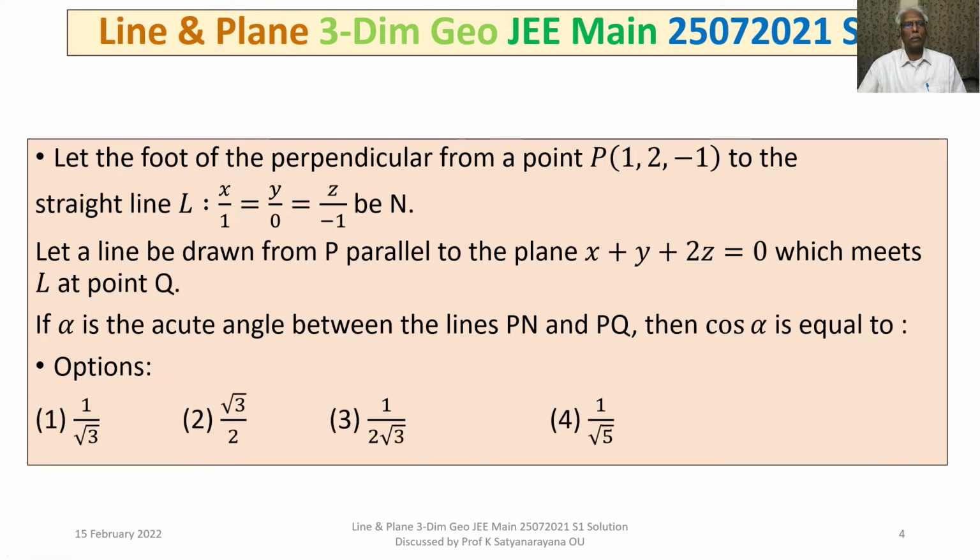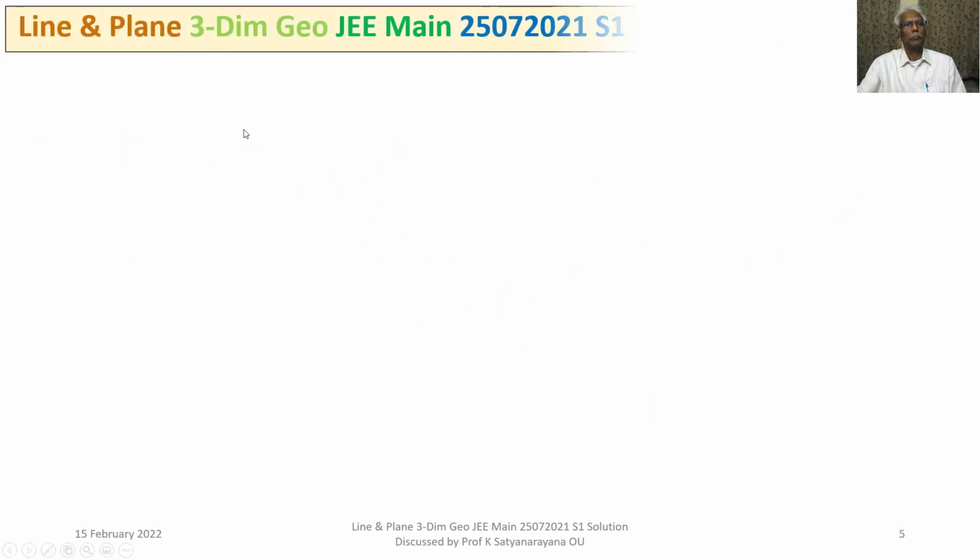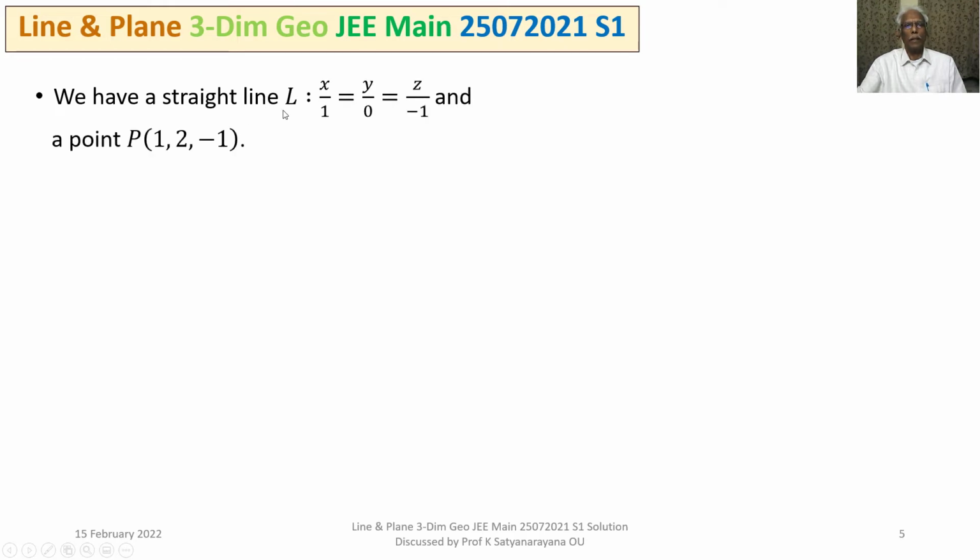Let's now discuss the problem. We have a straight line L, x by 1 is equal to y by 0 is equal to z by -1. It is the equation of a straight line in three dimensions.